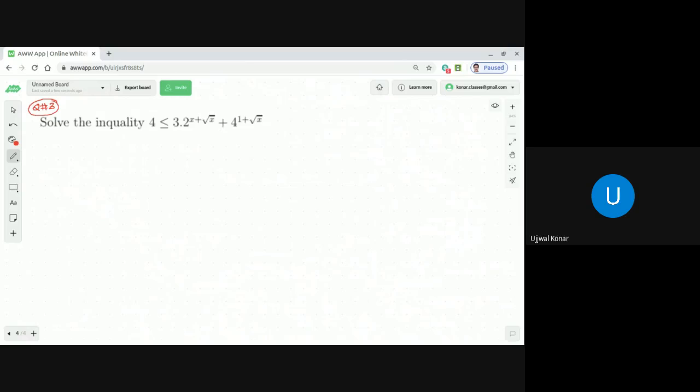Now think about one point. Always, while you are solving irrational inequalities or exponential inequalities, and also modulus inequalities to some extent, always think about the ranges of values of x. Without touching the pen and paper, you can say this inequation is defined for x greater than or equal to 0, isn't it?